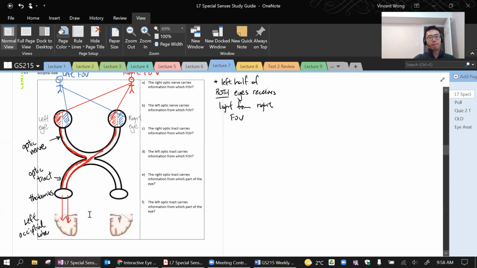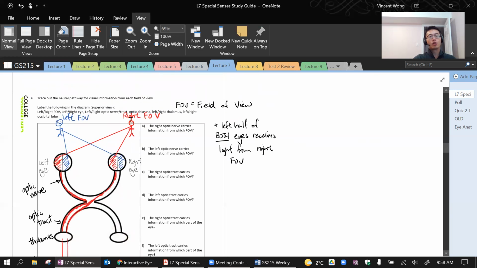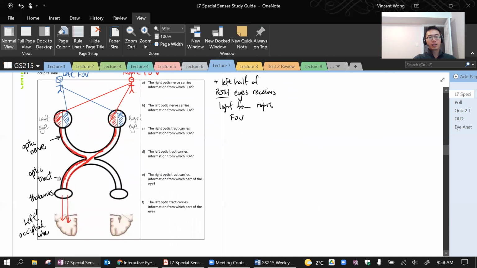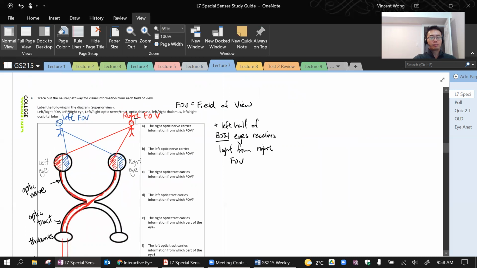What's different is that the left occipital lobe will process your right field. So it's the field that goes to the opposite side of the brain. But remember, both eyeballs are going to be processing information related to the right field.